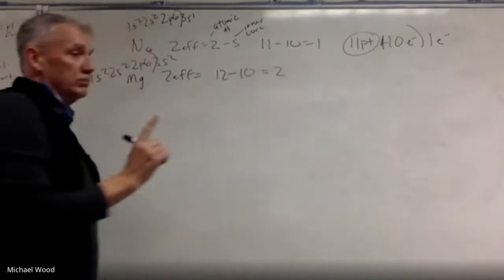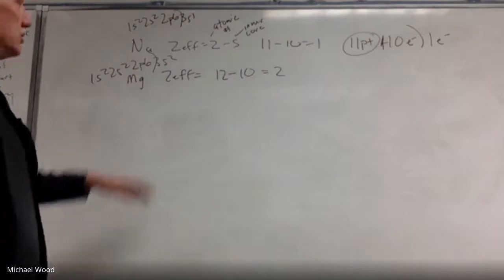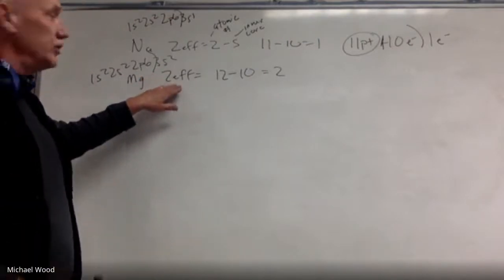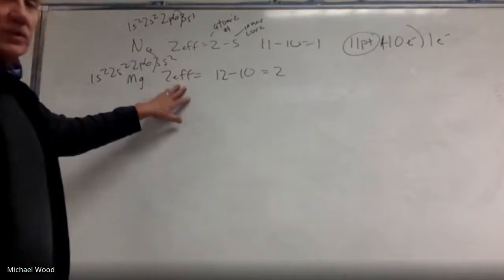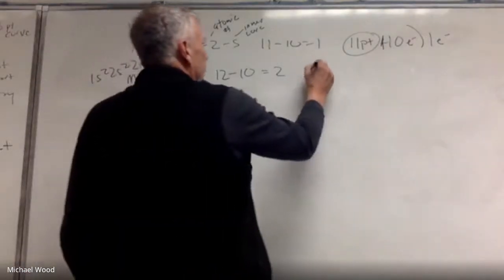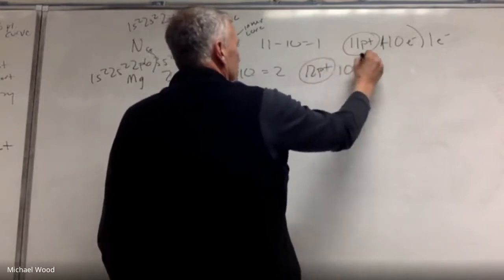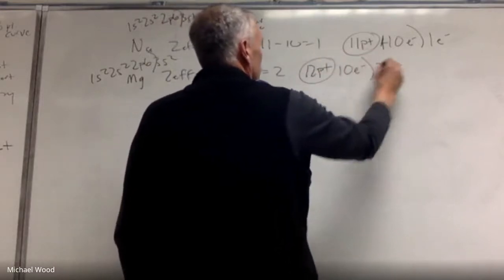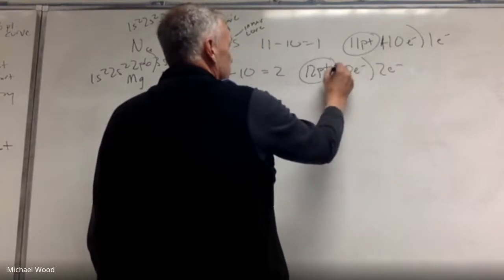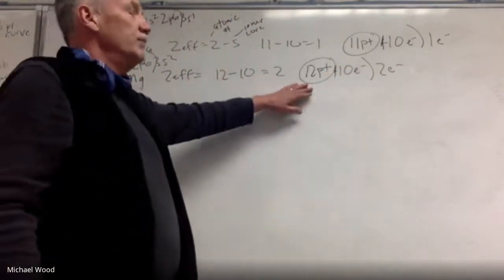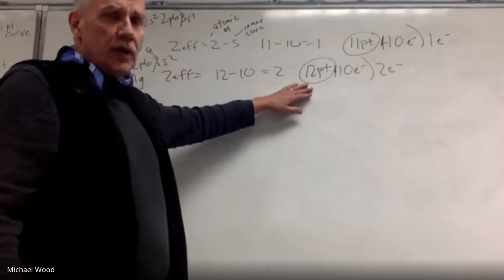Its Zeff is 2, which means the nucleus has a little bit more of a pull. If I diagram that, I have 12 protons, 10 electrons, and 2 outer electrons. Now these 10 shielding forces are having to protect from 12, so they're a little bit more outnumbered.